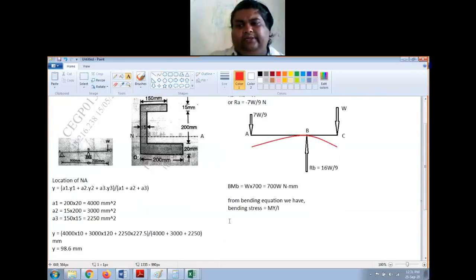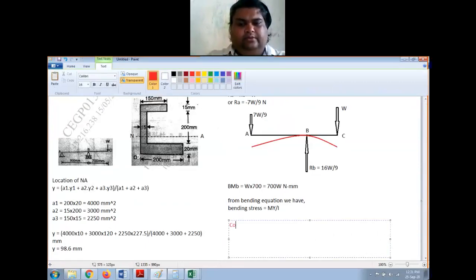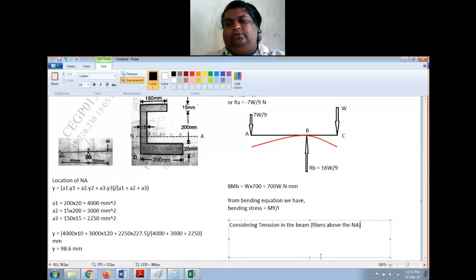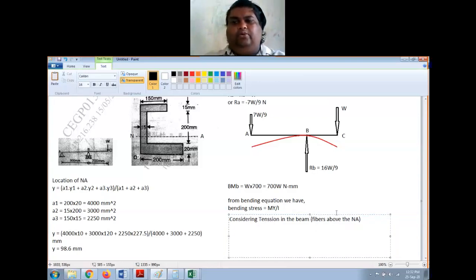So considering tension in the beam, in this case the tension is in the fibers above the neutral axis.